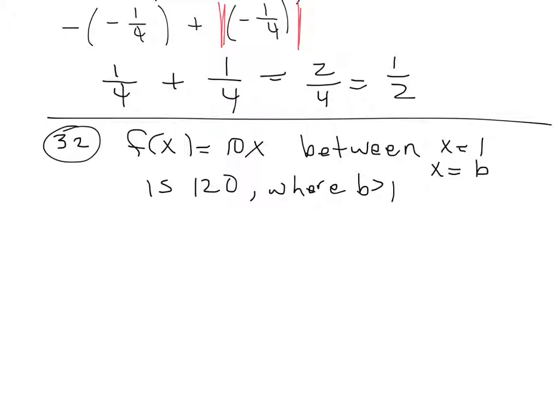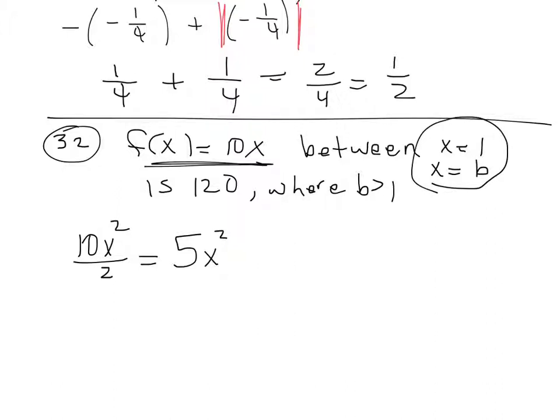So basically I'm going to figure out what this antiderivative is first. So this would be what, 10x squared over 2 or 5x squared. So that's my antiderivative. This is telling me my interval, which is saying that I'm going to evaluate this from 1 to b.